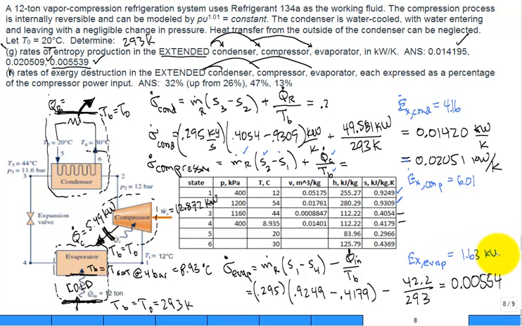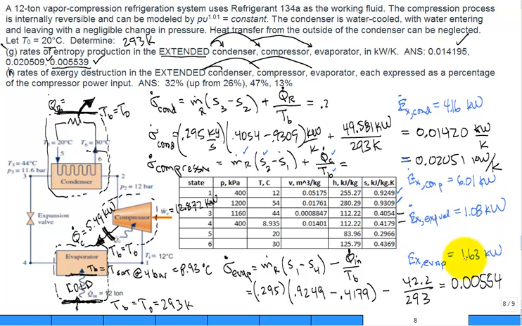All these are kilowatts, and the exergy destruction rate from the previous page for the expansion valve was 1.08 kilowatts.